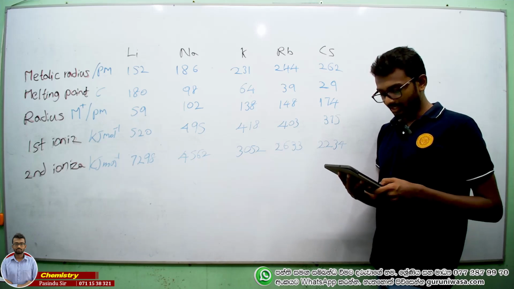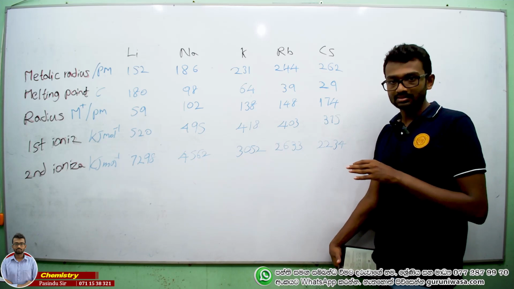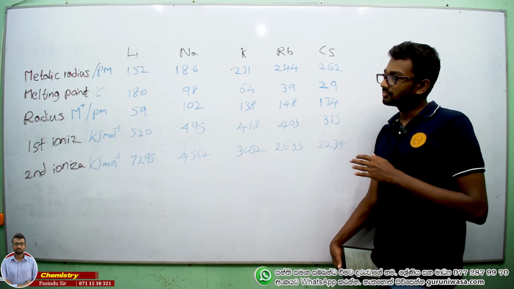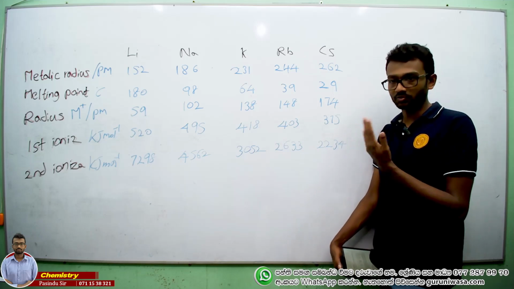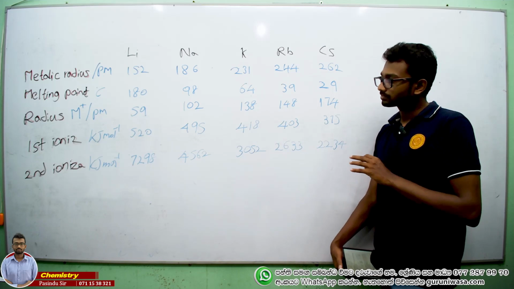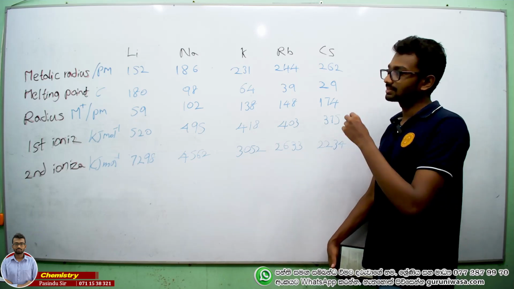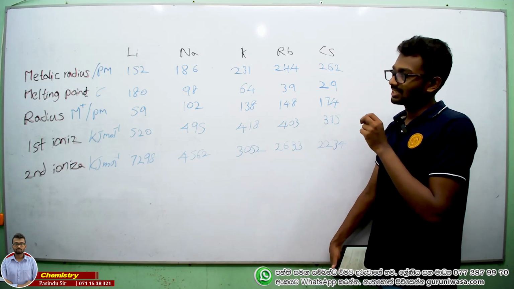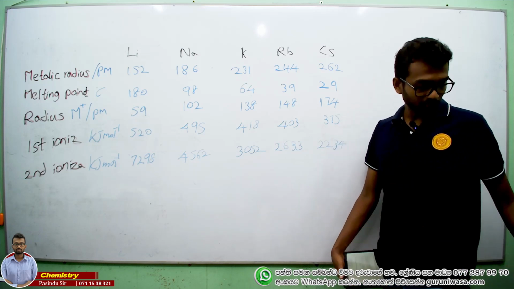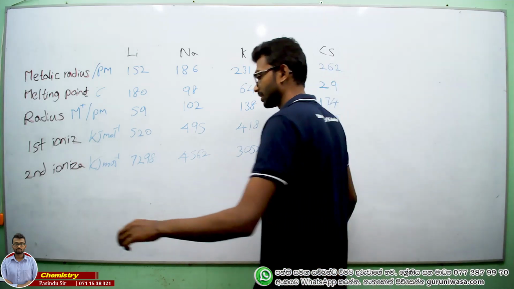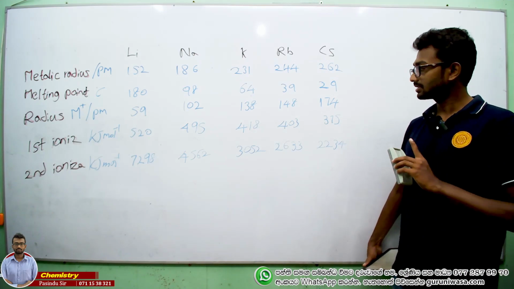These are the basic patterns. Then we will move to reactions, what type of reactions they show. You don't need to memorize these numbers, just understand what type of patterns. So let's move to reactions. Copy the table.